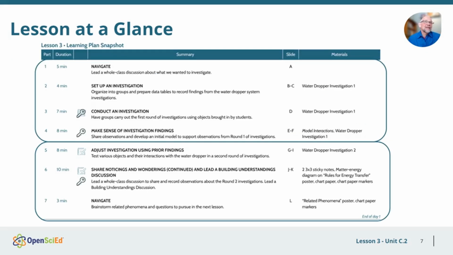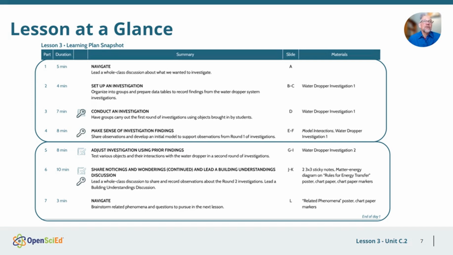We can think about this lesson as happening in 2 parts, or sense-making loops. In the first loop, we reorient ourselves to what we wanted to investigate at the end of Lesson 2. We organize into groups, and then we explore the interactions between the water dropper systems with the student-selected objects.